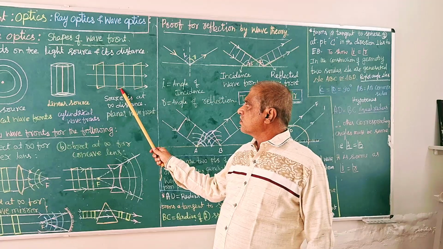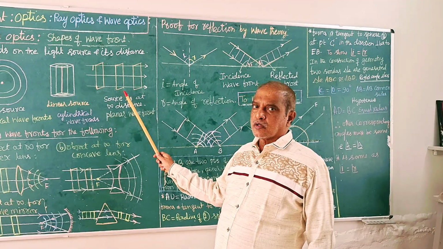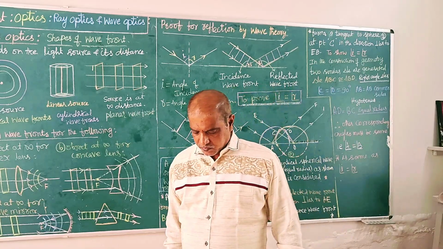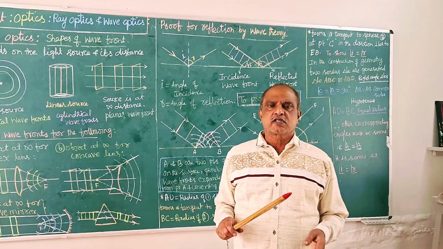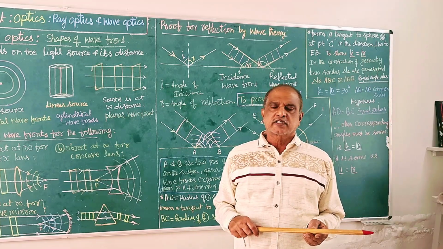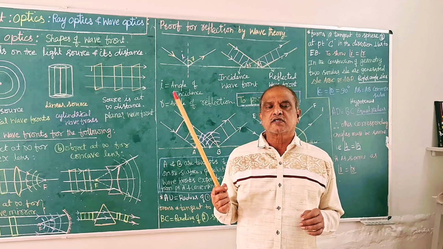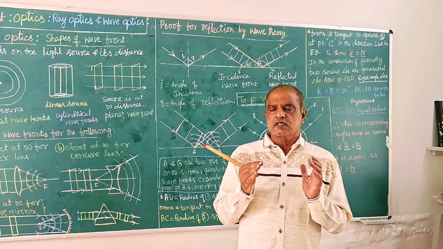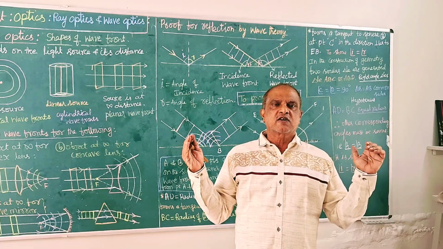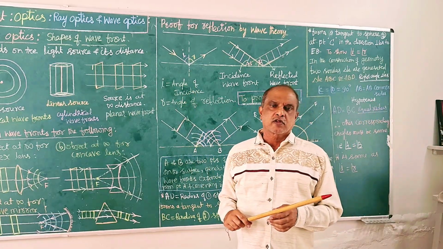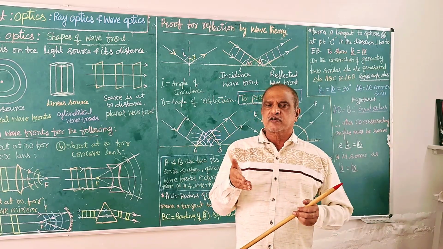And the reason for this: why do they become flat at infinite distance? As the light travels over a long distance, the size of the sphere will increase. It will turn into an infinite size. If that is the case, what would be the curvature of the surface?